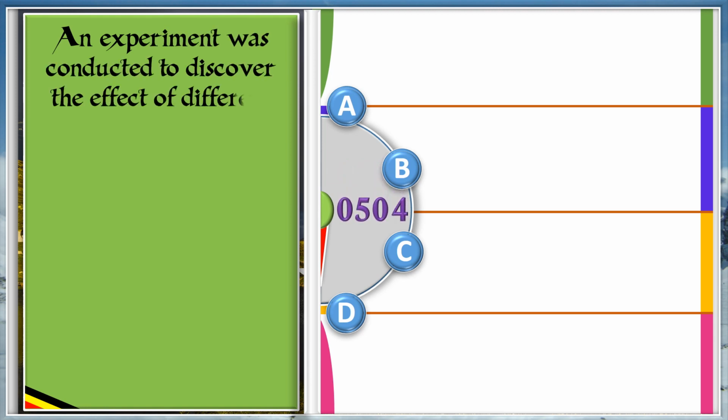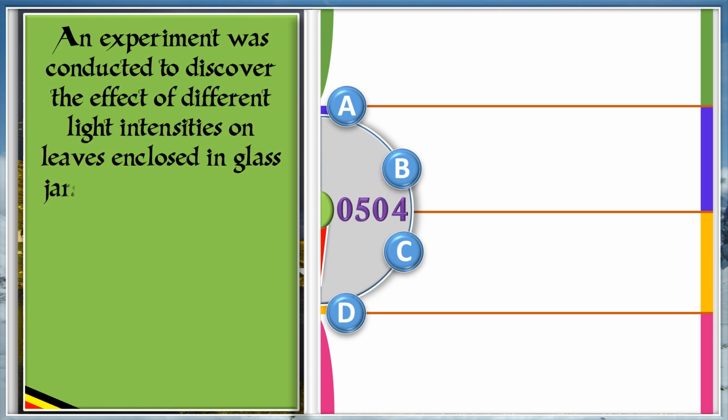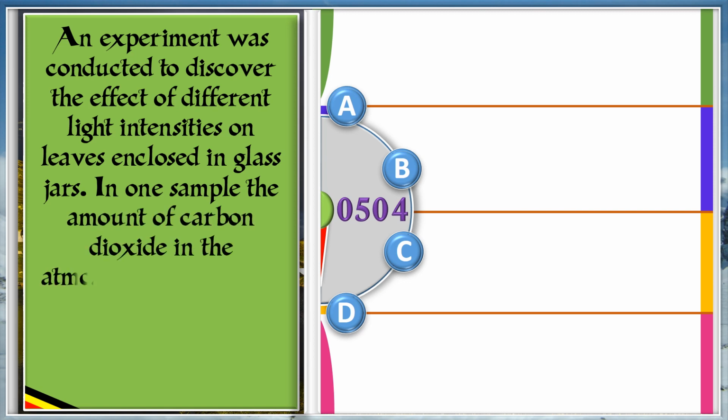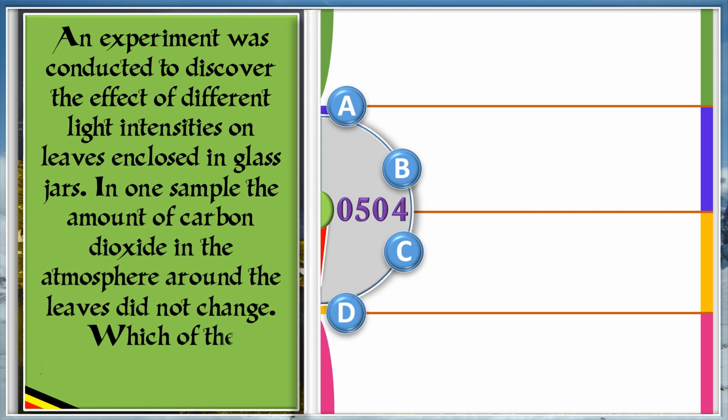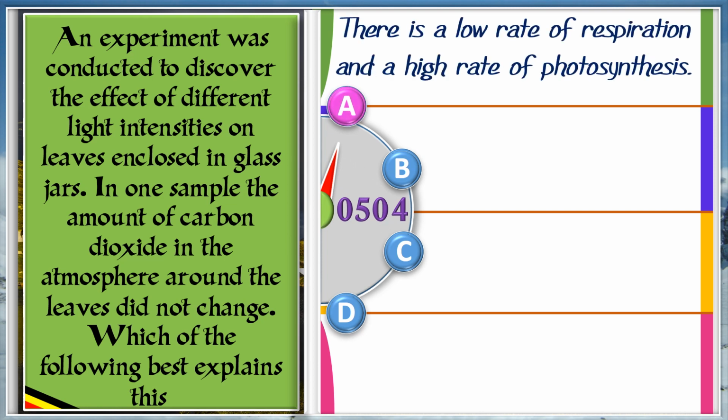An experiment was conducted to discover the effect of different light intensities on leaves enclosed in a glass jar. In one sample, the amount of carbon dioxide in the atmosphere around the leaves did not change. Which of the following best explains this? A. There is low rate of respiration and a high rate of photosynthesis.